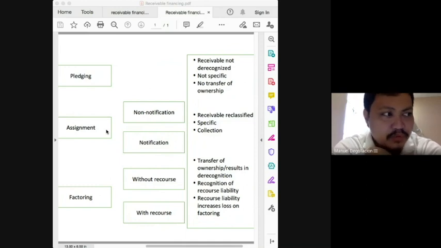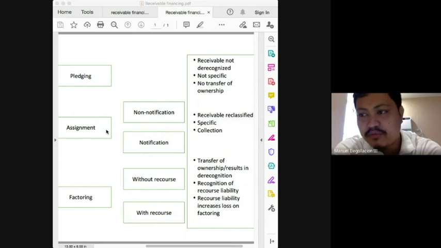So we will be using another account to represent all our receivables that are being assigned. If you've gone over the textbook, the account title that is used would be your accounts receivable assigned. So from your accounts receivable, you will reclassify or transfer it to accounts receivable assigned.